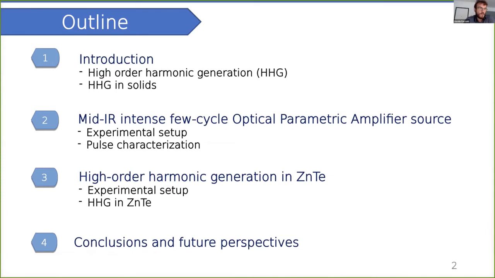I start with a brief introduction of HHG as a spectroscopy tool for probing matter. Then I describe the mid-IR intense few-cycle source that we developed to generate high harmonics in solids. We use this source to generate harmonics in a zinc telluride crystal, and I'll show you the main results that we obtained. Finally, I'll end with some conclusions and future perspectives.